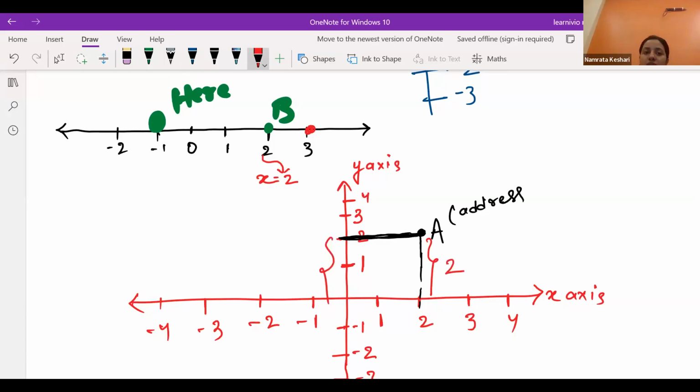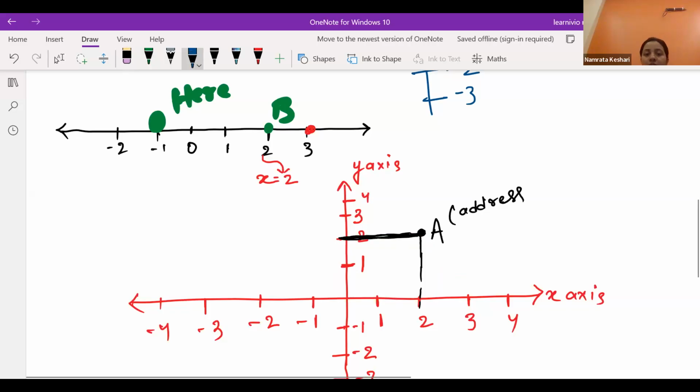It is nothing but just a rectangle. Getting it? Yes, ma'am. Okay. And this is also 2. This is also 2. So this one will also be 2. Getting it? Yes, ma'am. Okay.